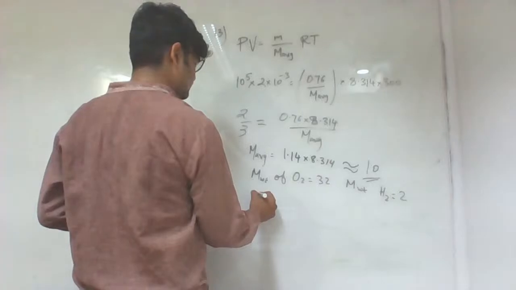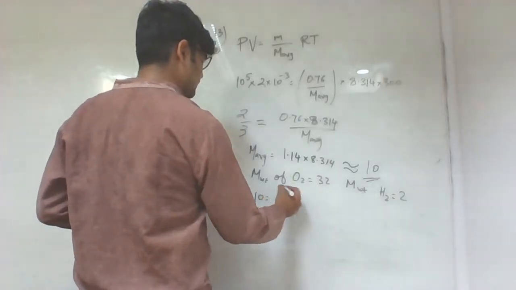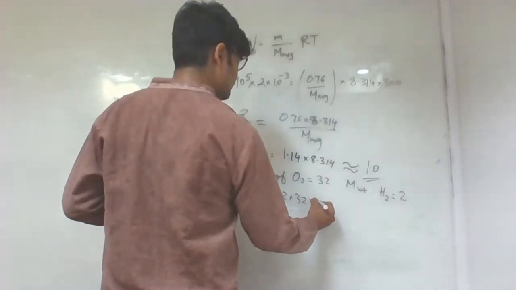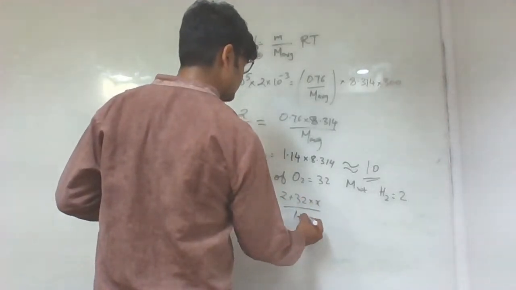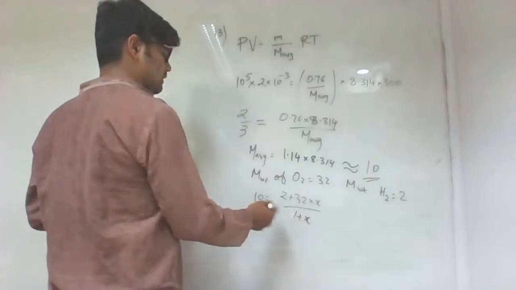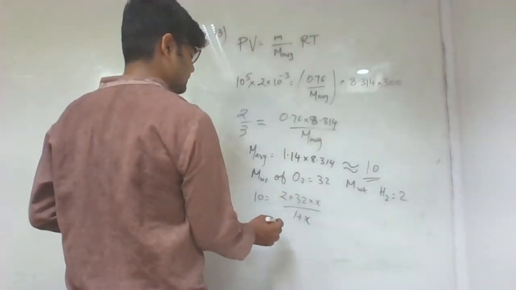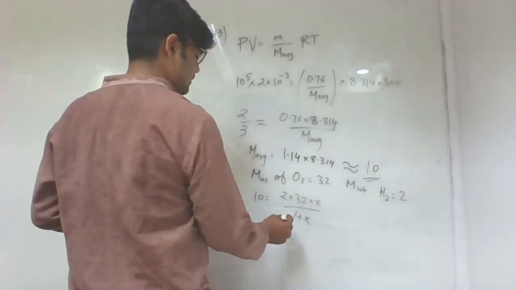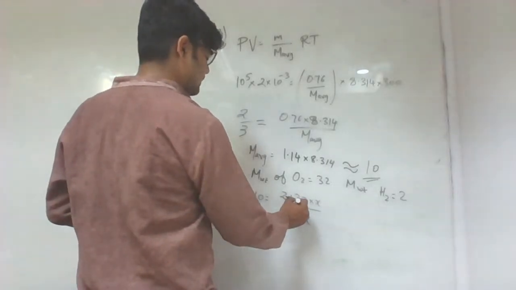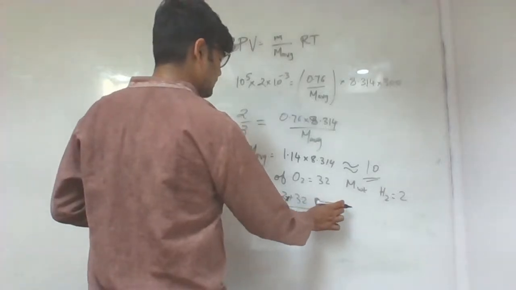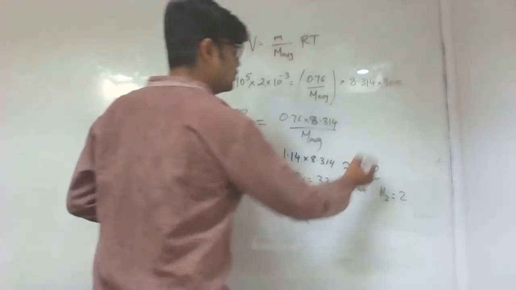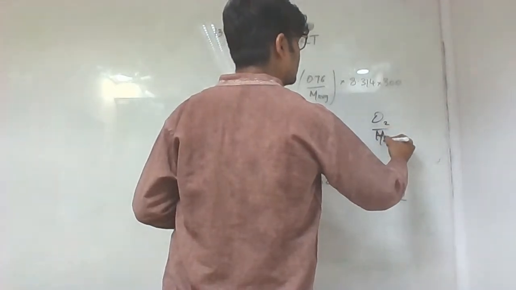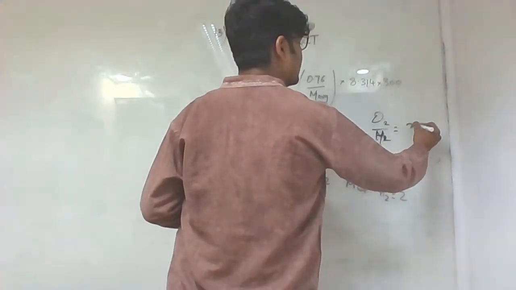So 10 is equal to 2 plus 32 into x upon 1 plus x. So O2 to H2 is x.